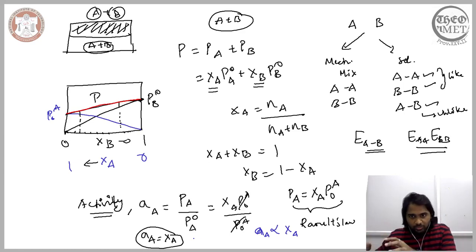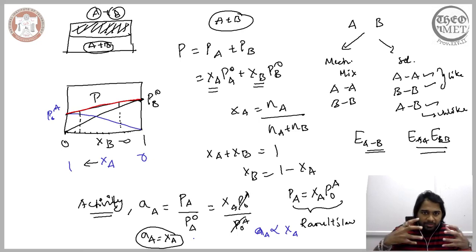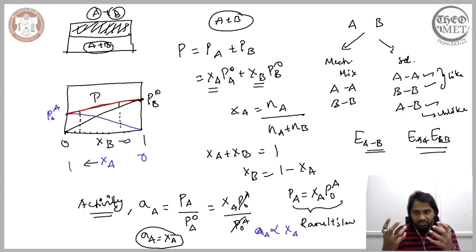However, in an actual solution, even though there exists a direct proportionality between the activity of a component and its concentration, the same can be conceptually understood by how the amount of a component present in the vapor phase depends on the bonds that are present, and how easy or how difficult it is to break away from these bonds.